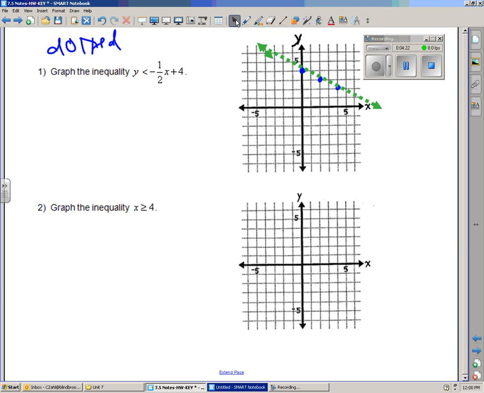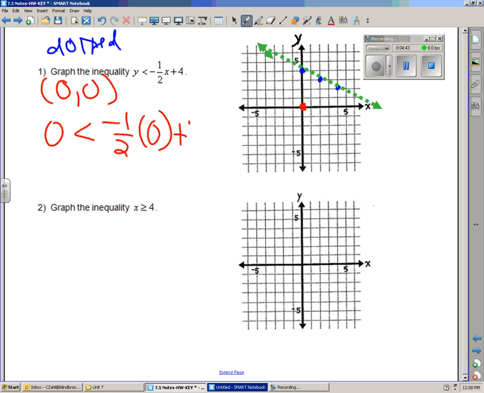Now I have to figure out, where do I shade this graph? Do I shade the top region or the bottom region? We're calling those things half planes, even though they're not really half of the graph. Well, I'm going to pick a point, and we usually ask you to test 0, 0. If I plug 0, 0 into the inequality, 0 less than 1/2 times 0 plus 4.